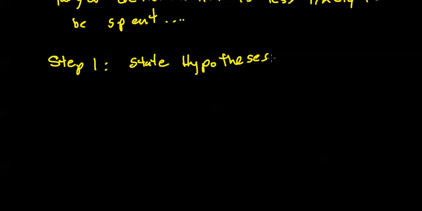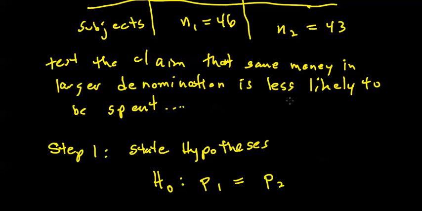And remember, we've got two groups, two populations here, really. Those who receive the larger denomination and those that receive the smaller denomination. We're going to conjecture that the proportion of people that spend money is the same for both populations. Now, we want to test the claim that the same money in larger denominations is less likely to be spent.